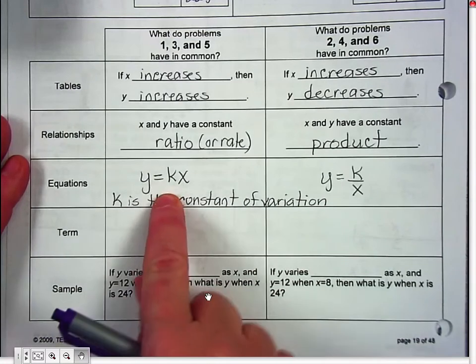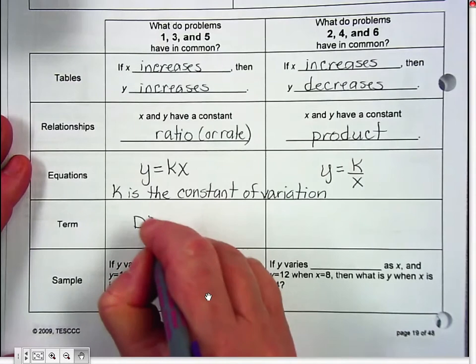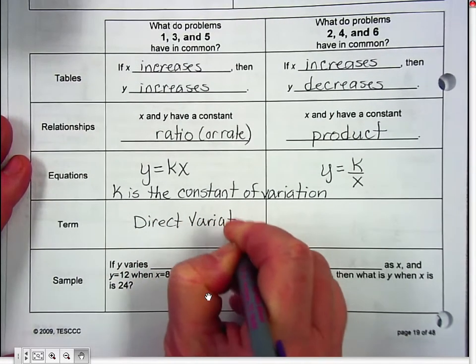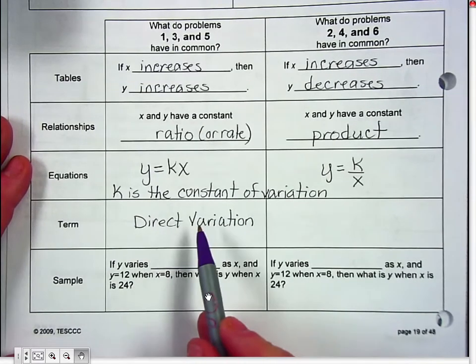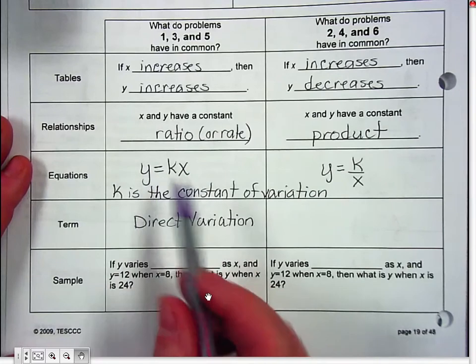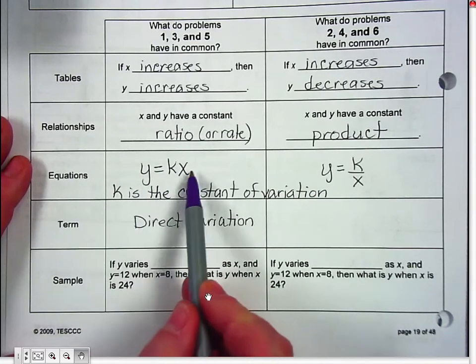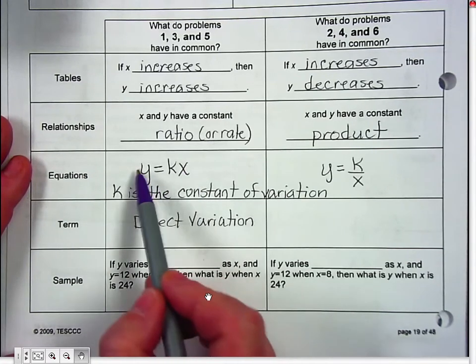Then the name for this function is direct variation. And you have to know that when it says it varies directly, you use this equation. X varies directly as Y, because as X goes up, Y is going to go up.